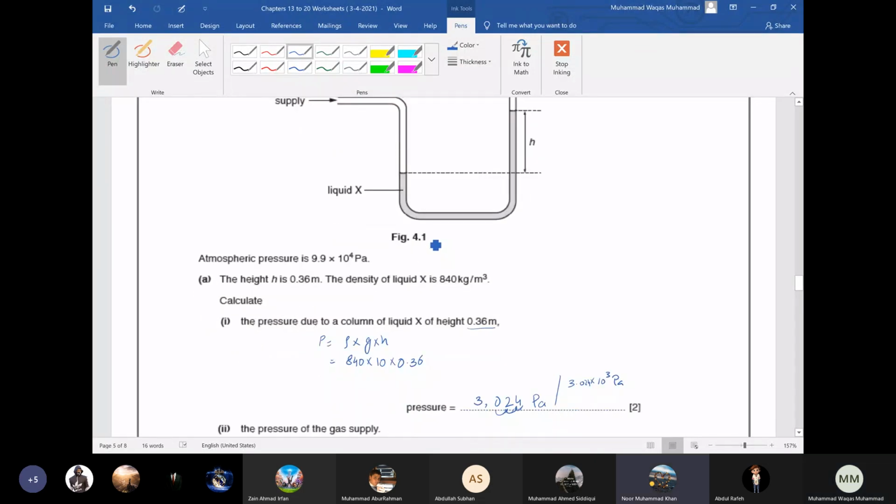Sir, the liquid levels will be down. Shabash. And beta, which will be down? Sir, the left side. Sir, H. Okay. Sir, it will increase. Left side will go down. Yes.